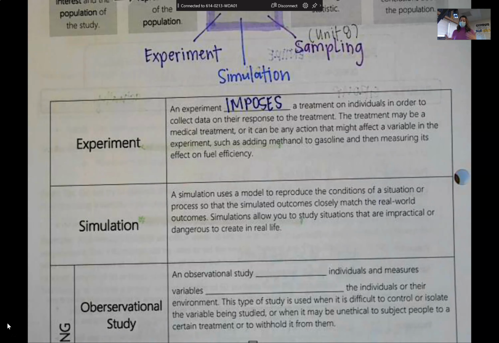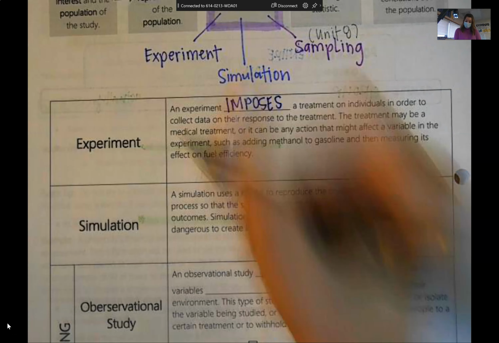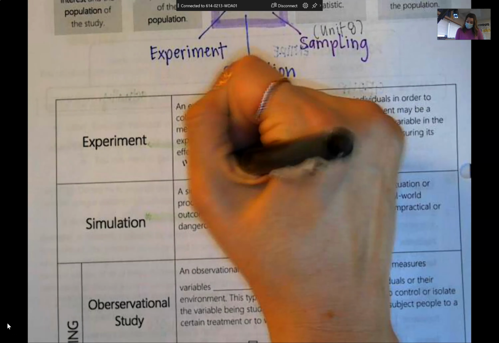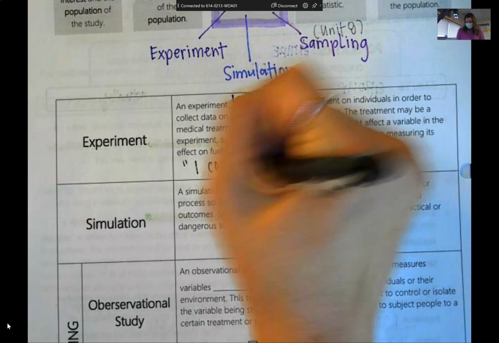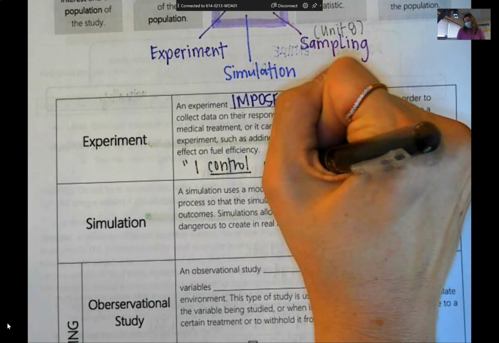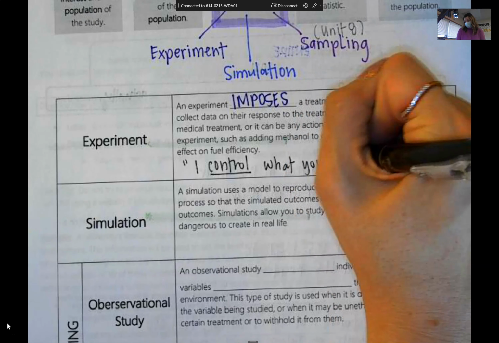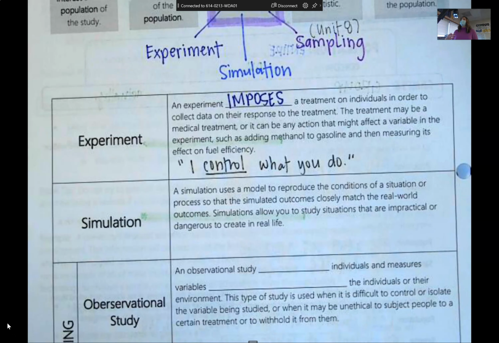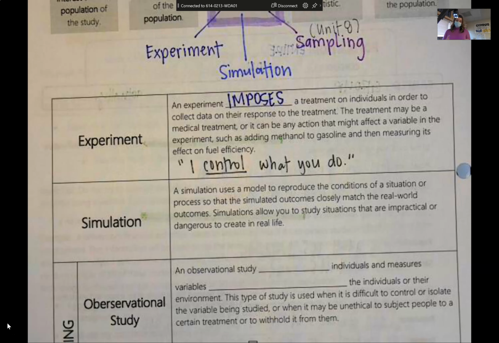So the main idea behind an experiment is that I control what you do. So I'm going to write that at the bottom. An experiment, I control what you do. I have to be involved in some way.